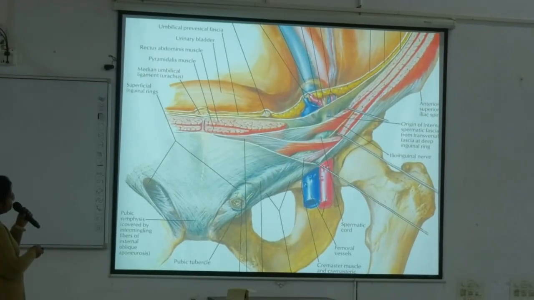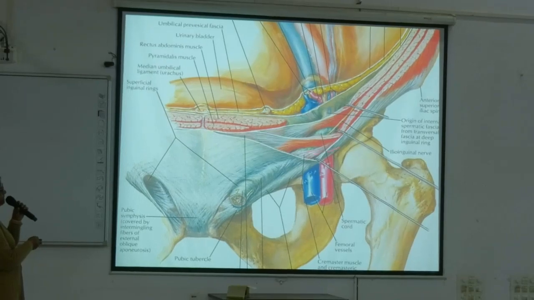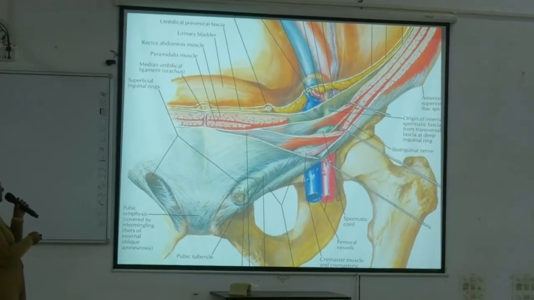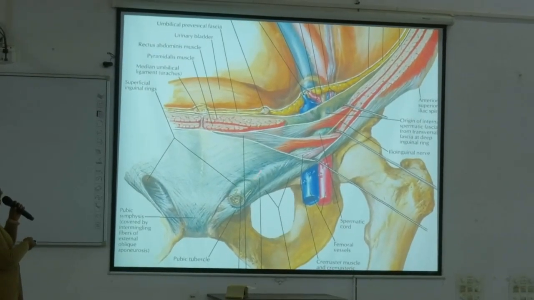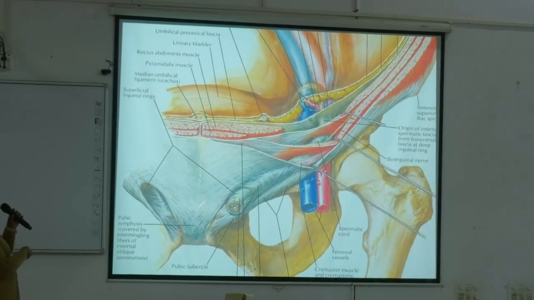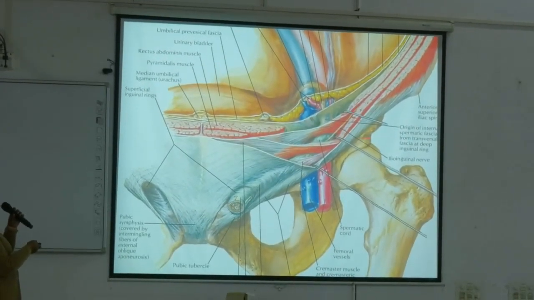And see, in the lateral 1/3, internal oblique is forming the anterior wall, and in the medial 1/3, internal oblique and transversus abdominis joining to form the conjoint tendon and forming the posterior wall after forming the roof. And this is fascia transversalis. Within the fascia transversalis, the deep ring is present, and after that will be the peritoneum and the loose areolar tissue.